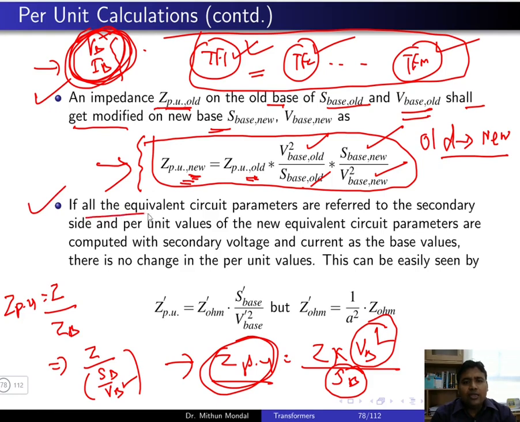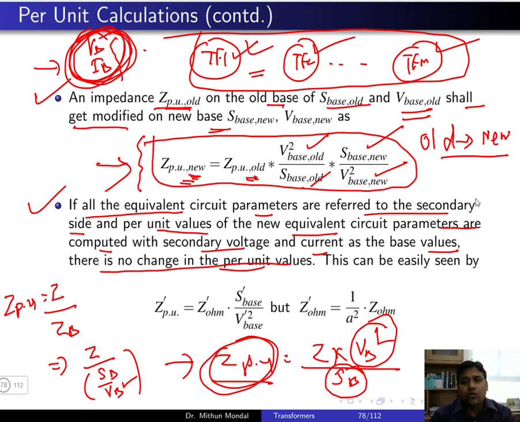So if all the equivalent circuit parameters are referred to the secondary side and per unit values of the new equivalent circuit parameters are computed with the secondary voltage and current as the base value, then there is no change in the per unit values. So what is happening? First, we try to obtain the base values with respect to the primary side of the transformer.